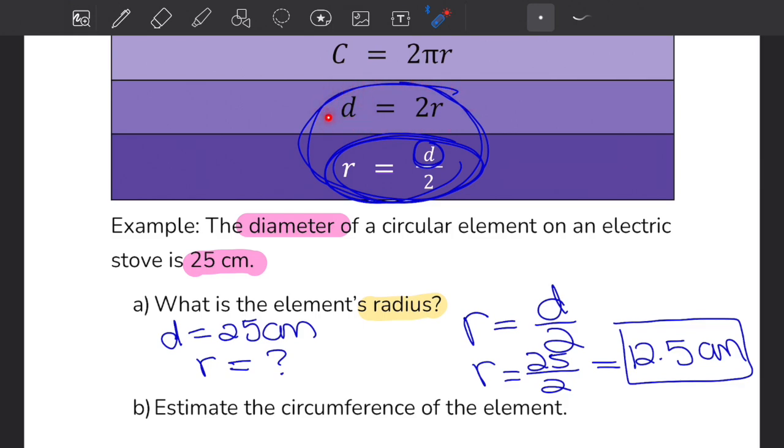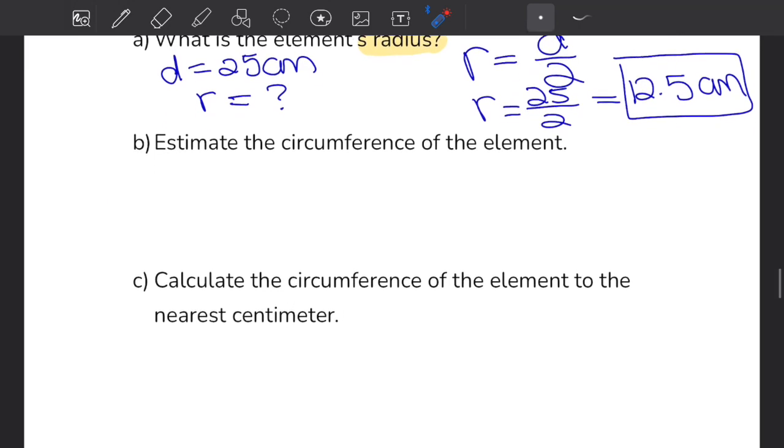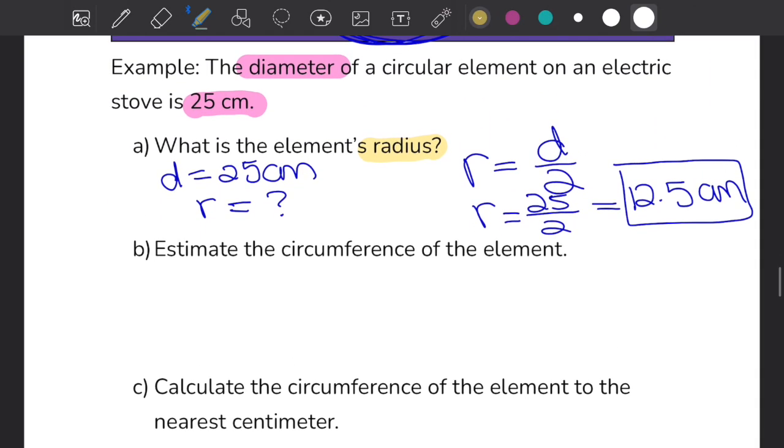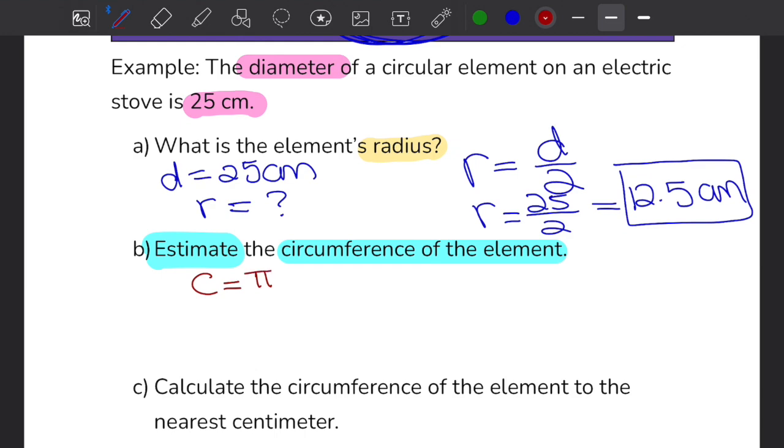Question B is asking us to estimate, and that's the key word, estimate the circumference of the element. Please be aware that whenever you're asked to estimate, you're not expected to write the accurate value. You're expected to show your knowledge of various strategies to come up with an approximate answer. So here, to estimate the circumference of an element, I'm going to start by writing the formula, because this is the relationship between circumference and diameter, or circumference and radius.